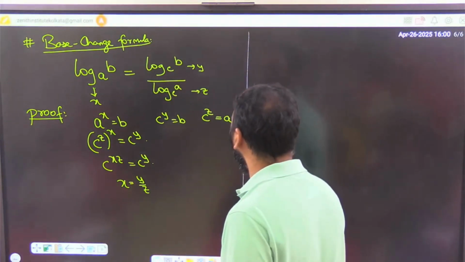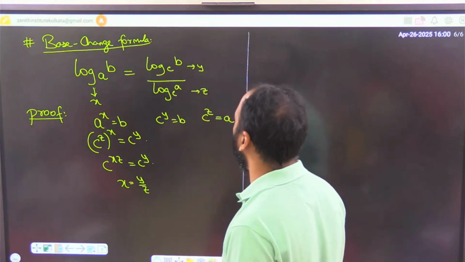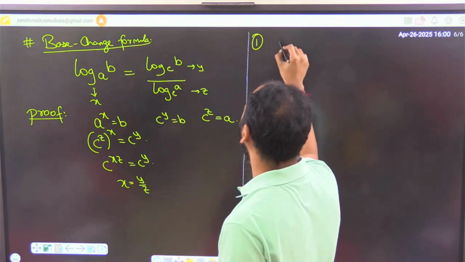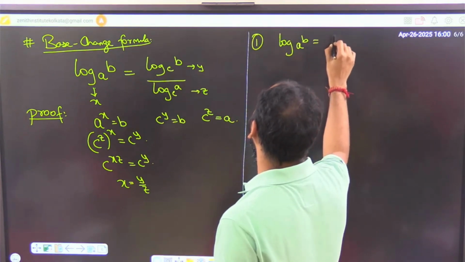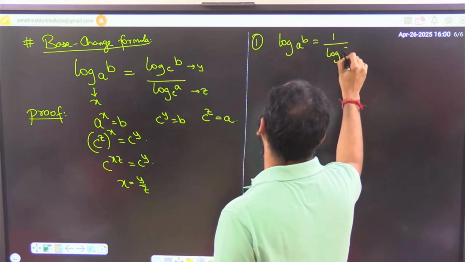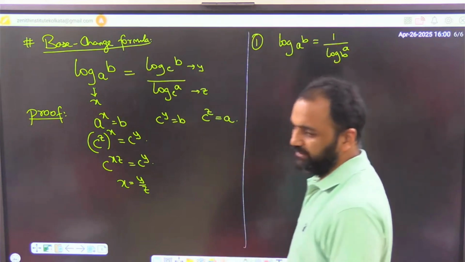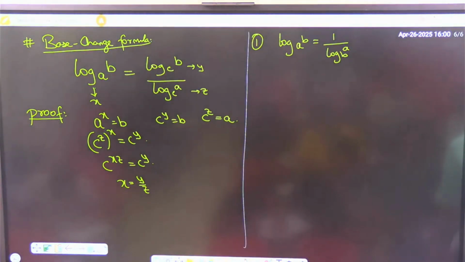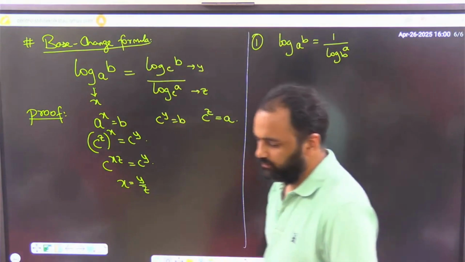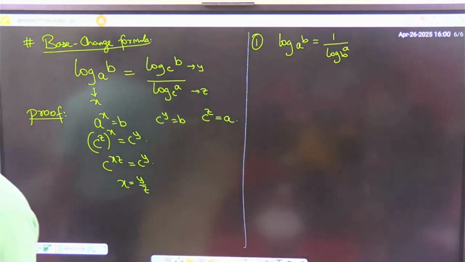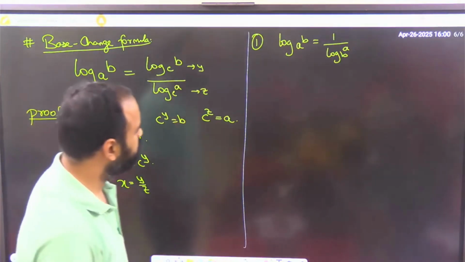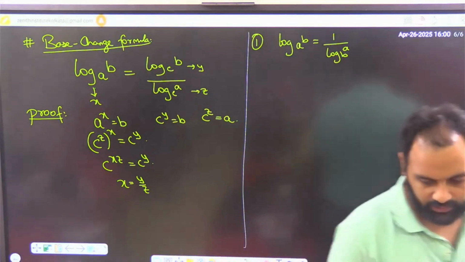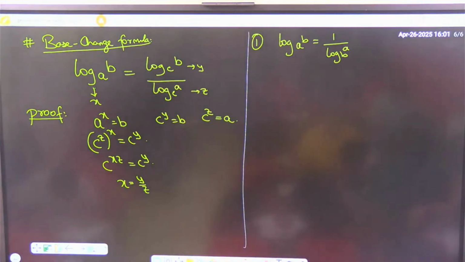Now, a few results based on the application of base change. Log of b to the base a is 1 by log of a to the base b. Few important results or properties based off the base change formula.